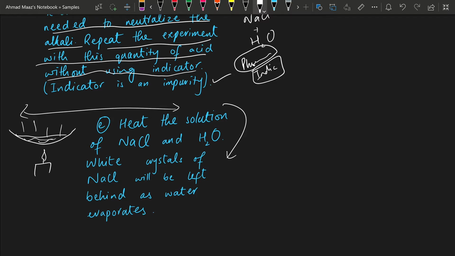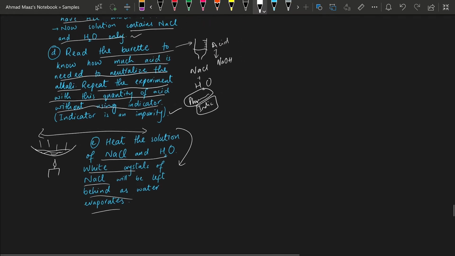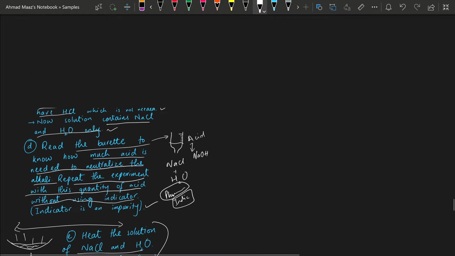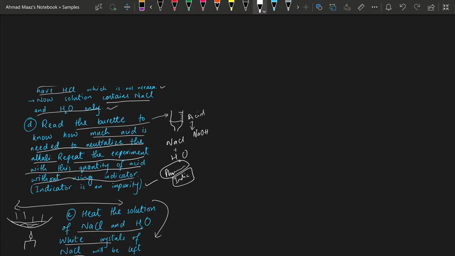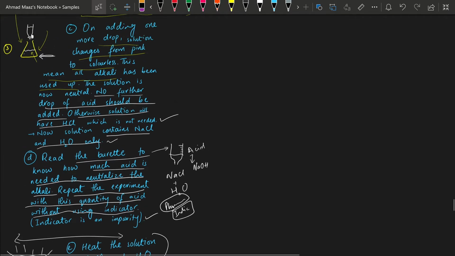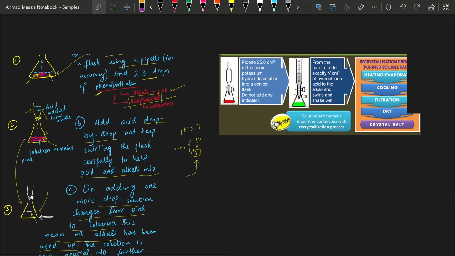In this solution we will not have any indicator because we have done this experiment again without indicator. So this solution is heated, water evaporates, and white crystals of sodium chloride will be left behind. That is what we wanted. We wanted sodium chloride, and we heat it so that we can remove water and sodium chloride is obtained.